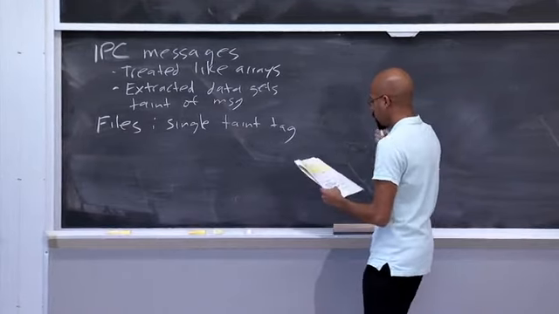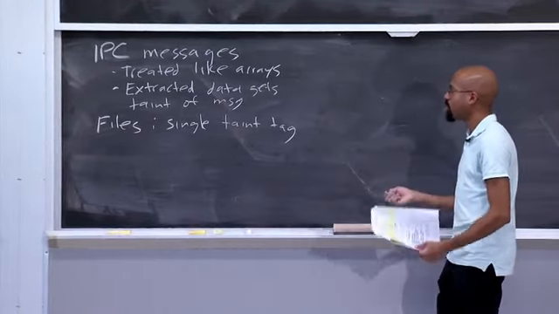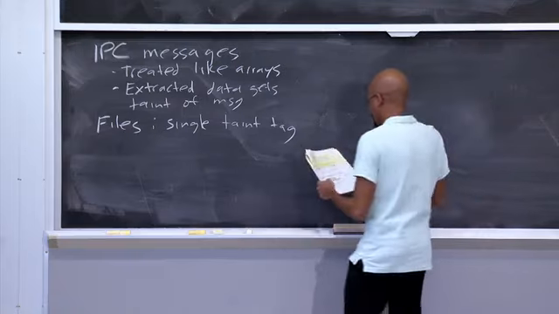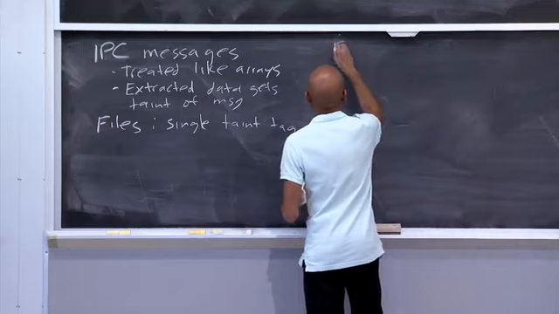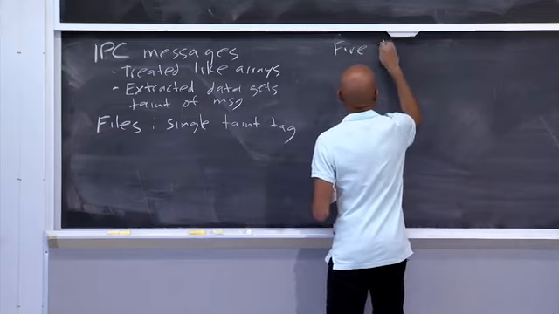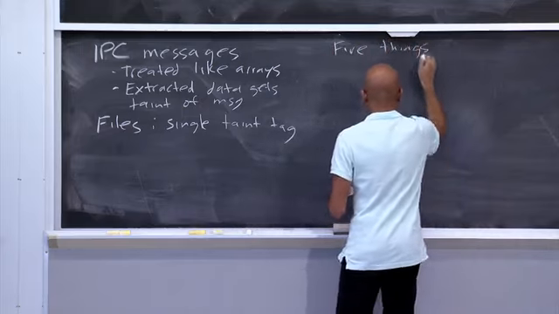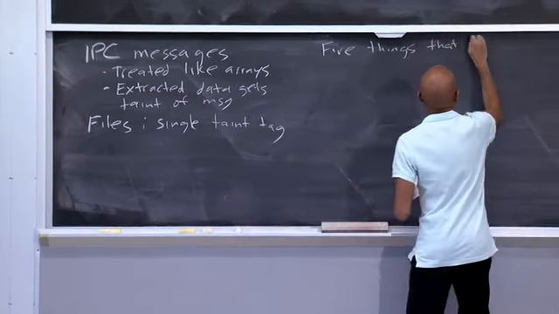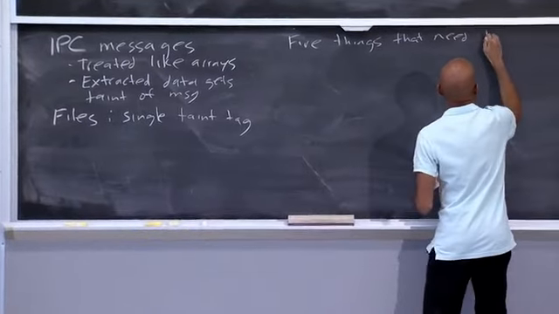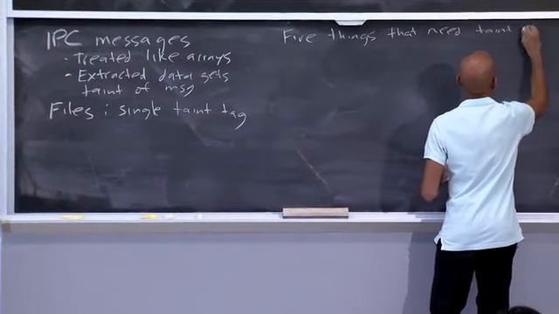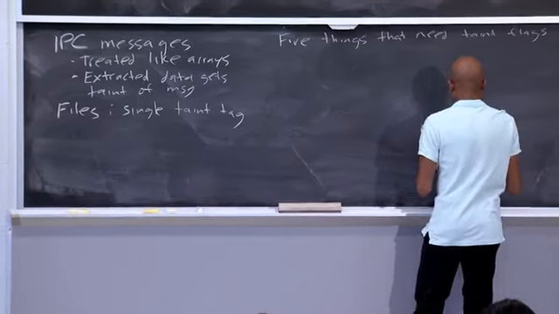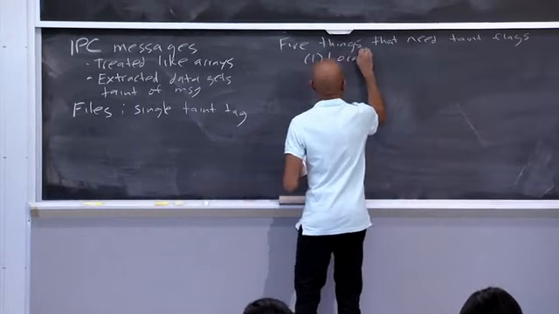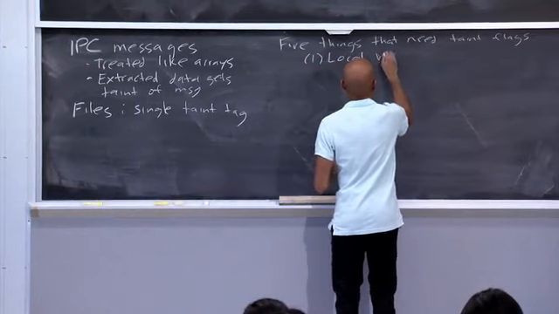So what kind of things do we have to taint in terms of Java state? There are basically five types of Java objects that need taint flags. The first kind of thing is the local variables that live in a method.